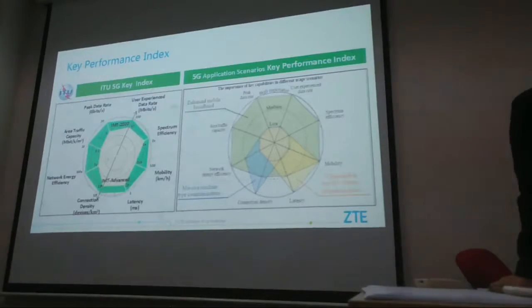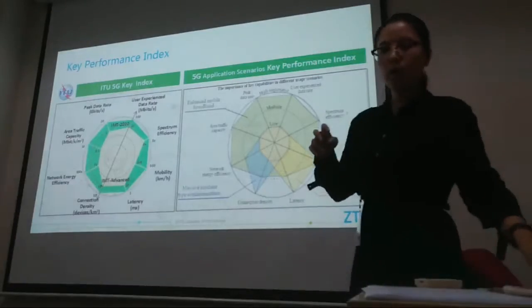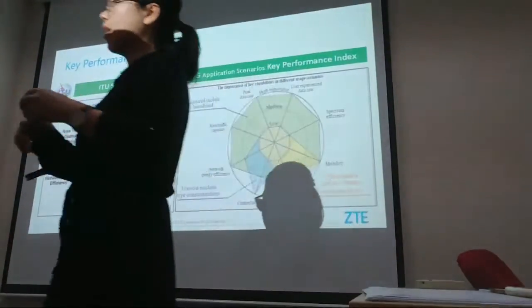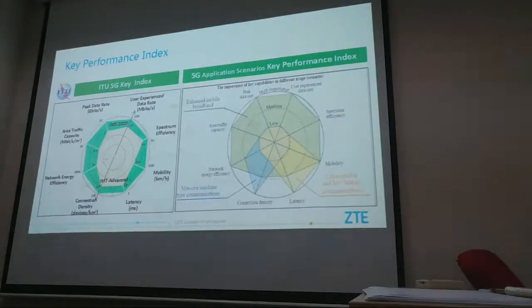For the air interface, the latency should be less than 1 millisecond. At first, when they discussed the KPI, they said we could set it at 10 milliseconds. But when they discussed this further, they said for some special cases, especially URLLC, we have the driverless car.